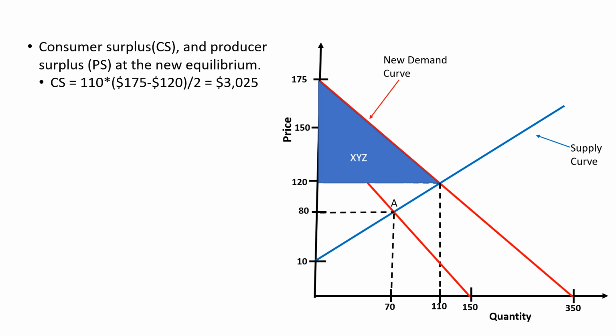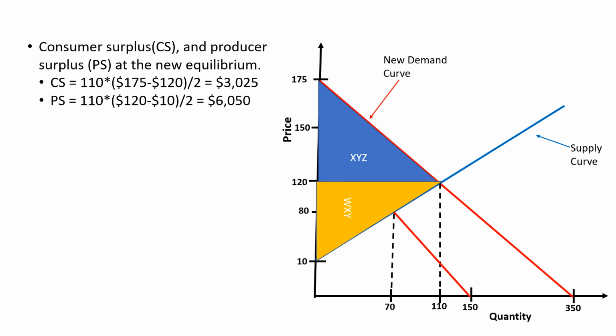We multiply those two values and then divide by 2, which gives us $3,025 as consumer surplus. As for the producer surplus, it's represented by the triangle WXY, and it's calculated as 110 multiplied by the height, which is 120 minus 10, divided by 2, which gives us a producer surplus of 6,050.